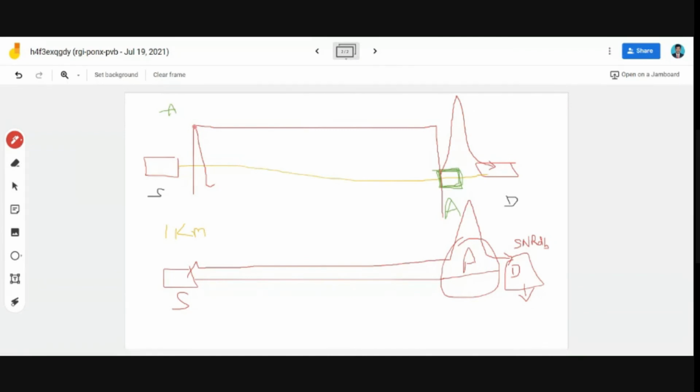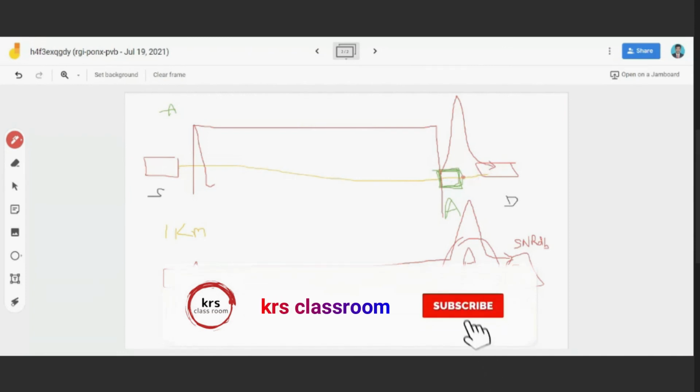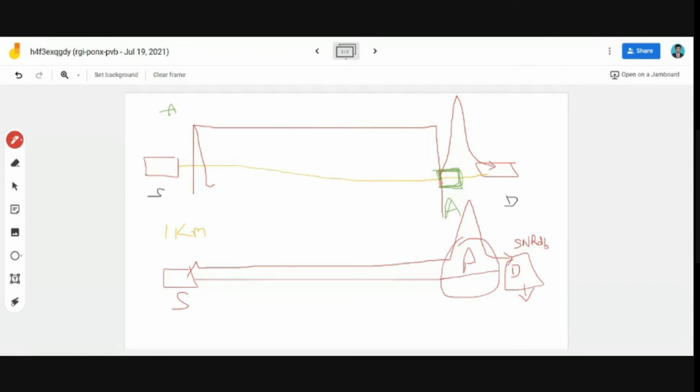If I send a high frequency, the same high-frequency signal will reach the end of the amplifier, because the amplifier is attached near the end of the destination. Up to that distance, the same signal with the noise passes through. In the amplifier, the signal is increased and sent to the destination.